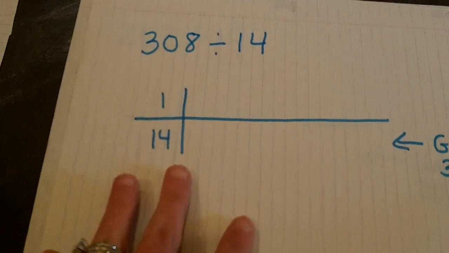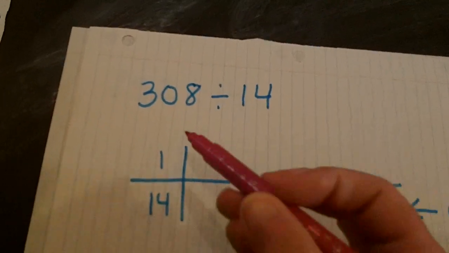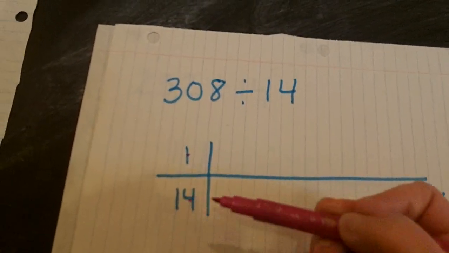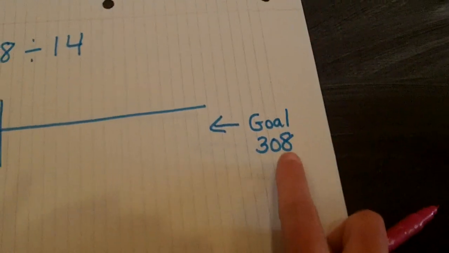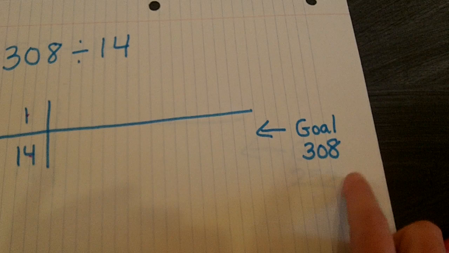So let's say that we have 308 and we divide it out into 14. Once again, 1 to 14 is our ratio. Our goal is to get to 308.